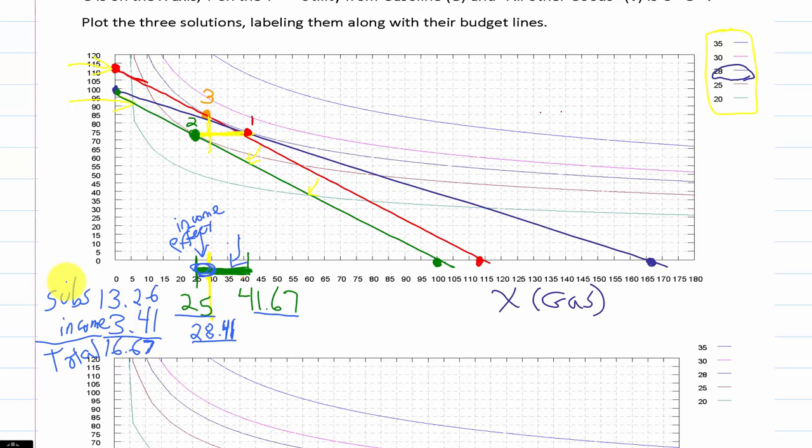And most of that in this case is due to the substitution effect, due to the relative price change, and only a small part of it is due to the fact that the consumer feels poorer, or their consumption possibilities have been decreased due to this price change.